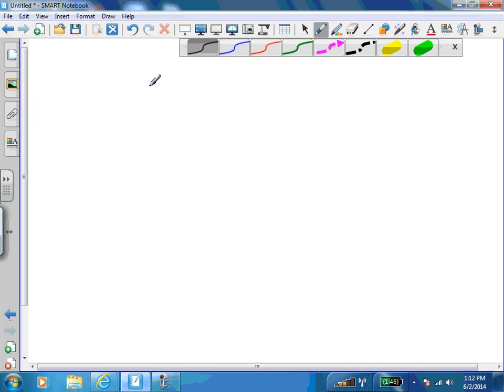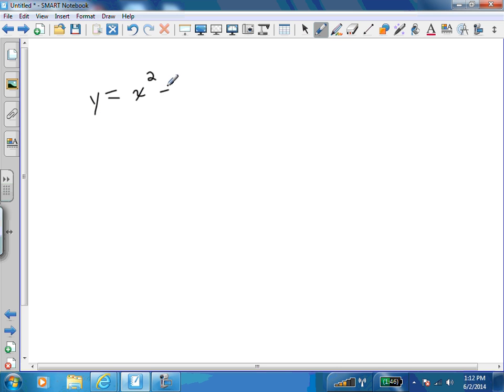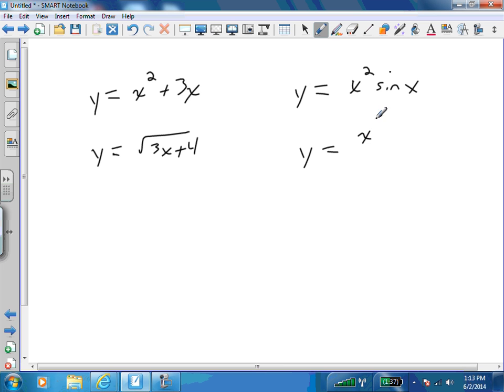So previously, we've been able to take derivatives of polynomials, things that had exponents, whether they were integer exponents, things that contained rational exponents, things that involved trig functions, things that were products, quotients, other trig functions.